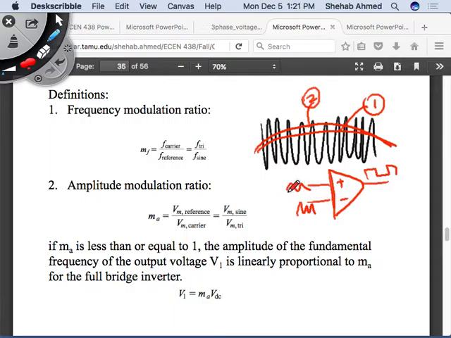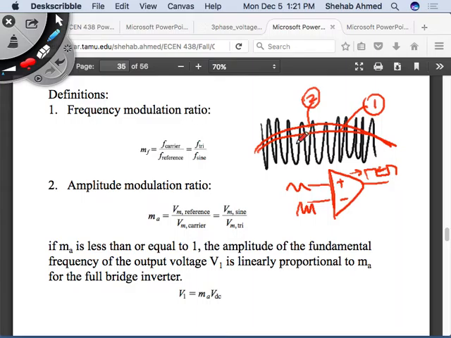If I put my sine wave at the plus terminal and the triangular wave on my minus terminal, then whenever the sine wave is greater than the triangular waveform, I get a high. Whenever it's lower, I get a low. And then I can reverse it if I want to, right? So the width here is controlled by the intersection of the sine wave with my triangular waveform, correct?